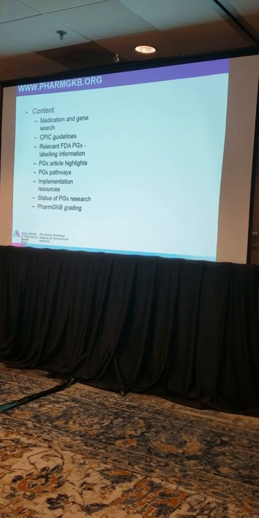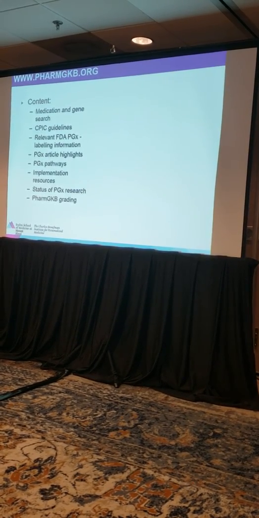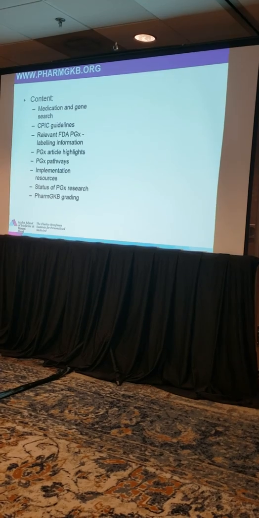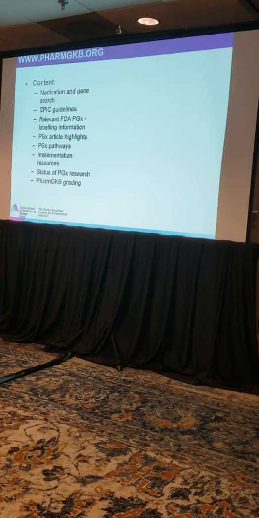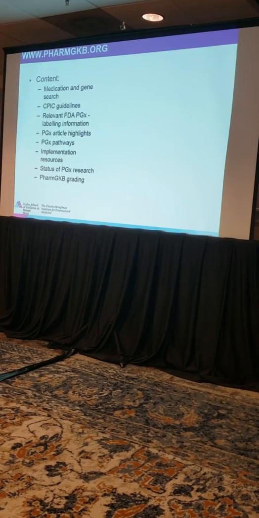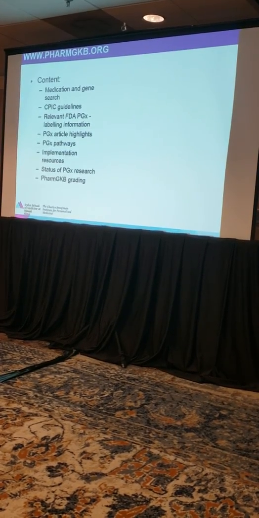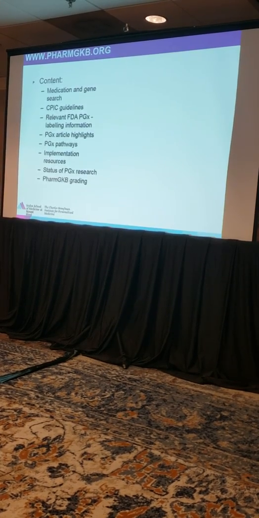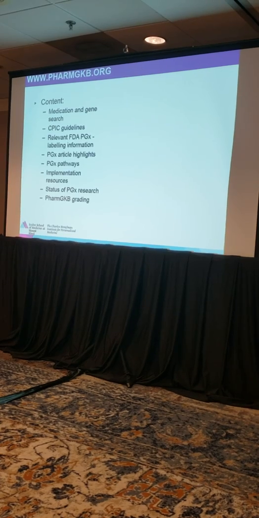It mostly contains medication and gene search. So if you're looking for any information on medications or the gene itself, this is a good place to look. It also houses the CPIC guidelines. There's relevant FDA information that it pulls here. It also houses information from Japan, Canada, and Europe's pharmacogenomic guidelines as well.